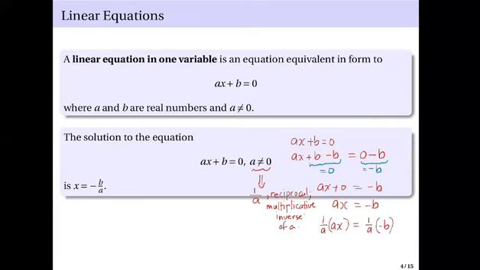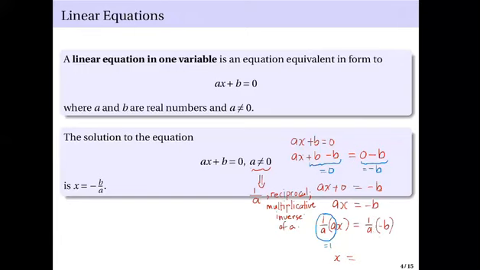And these two guys here, if you multiply a with 1 over a, that will give you equal to 1, so that on the left-hand side, you will just have x, whereas on the right-hand side, remember, I defined division as multiplication.